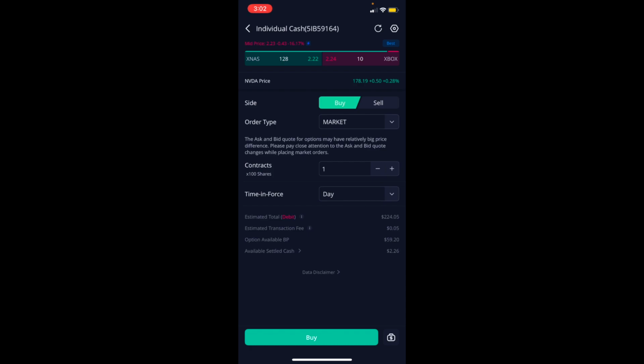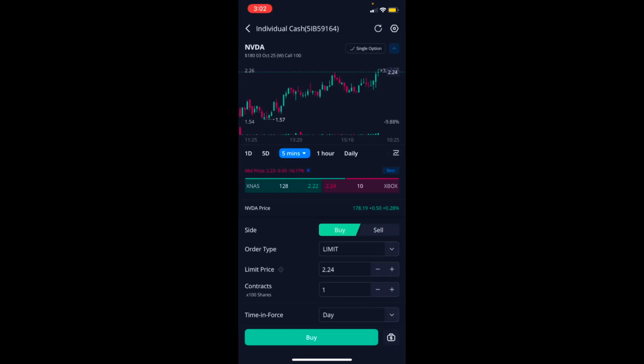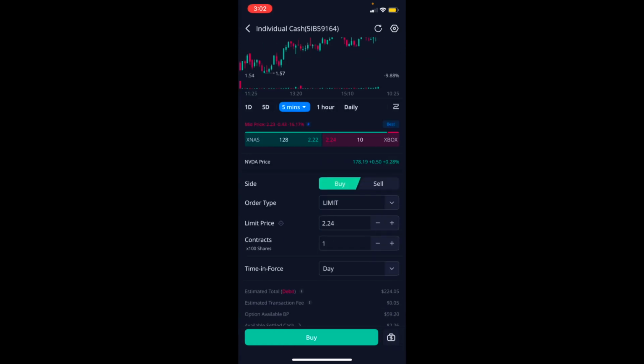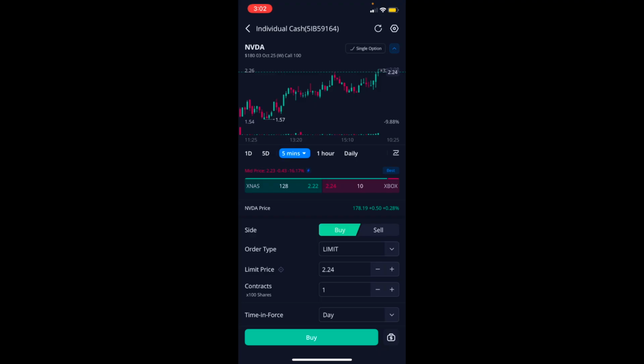That's just something to keep in mind. But the same rules apply as far as Theta and Delta and all this other stuff. It may be slightly different depending on the brokerage, but more so that's just what it is.